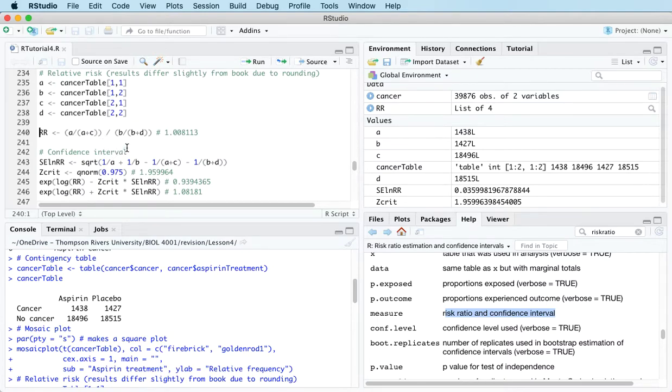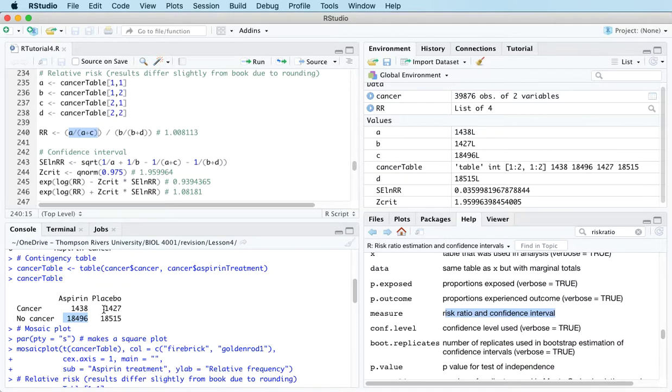So we could think of this part of the formula here. It's 1,438 divided by the sum of 1,438 plus 18,496. We could think of that as the estimated probability of a woman developing invasive cancer if they were given the aspirin treatment.